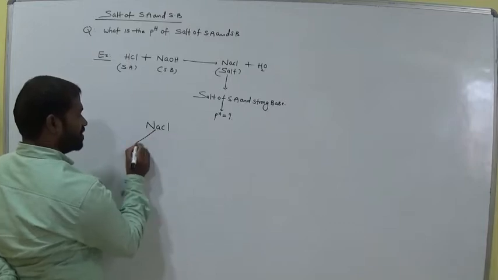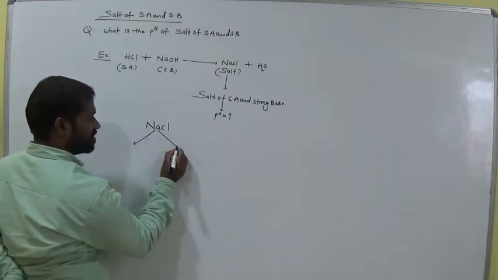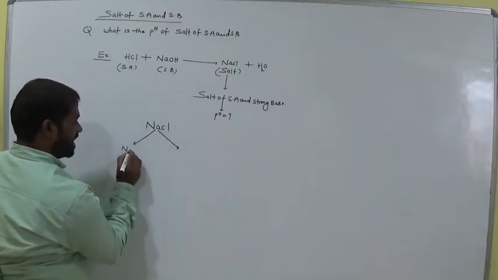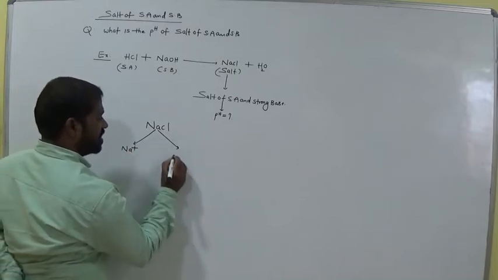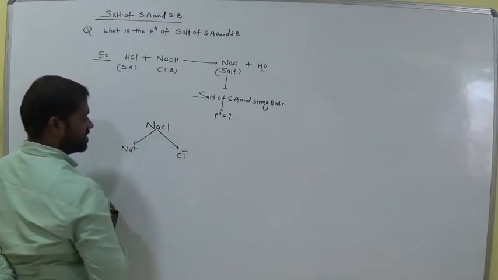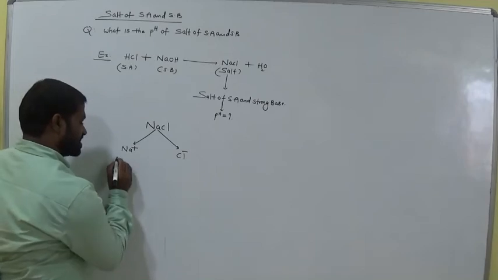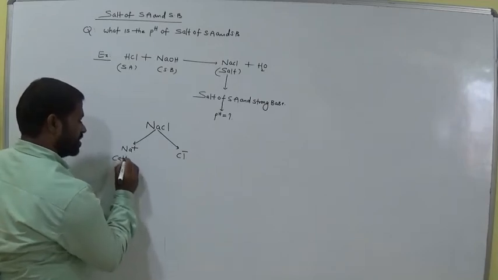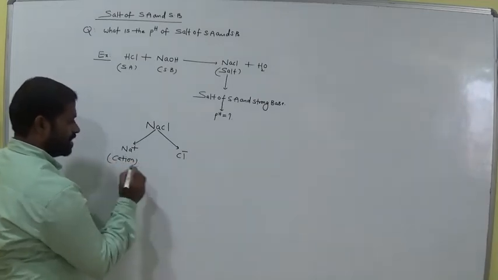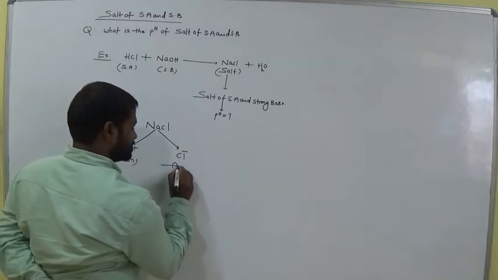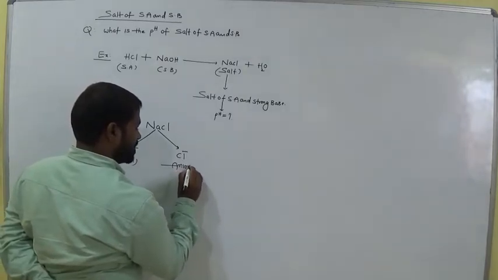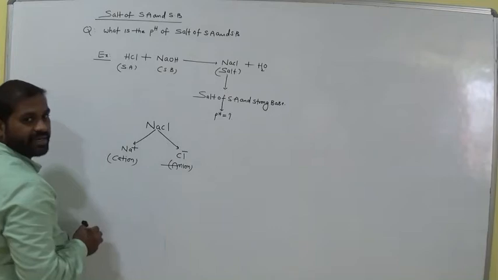Now what are the possible ions? One is Na plus, which is cation, another one is anion, am I right? This is cation, sodium ion, and another one is anion. Clear, all of you?